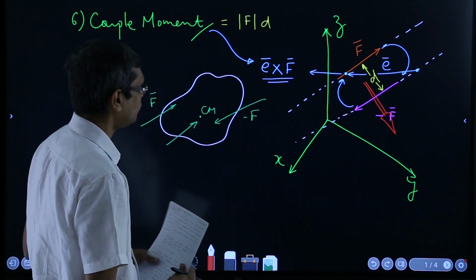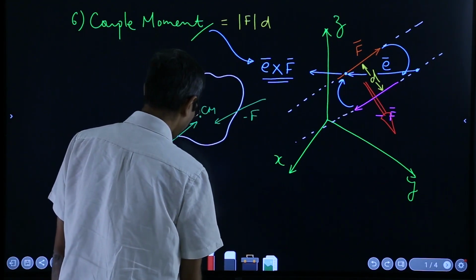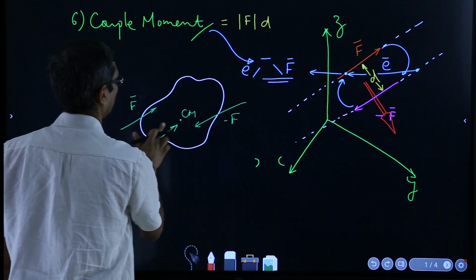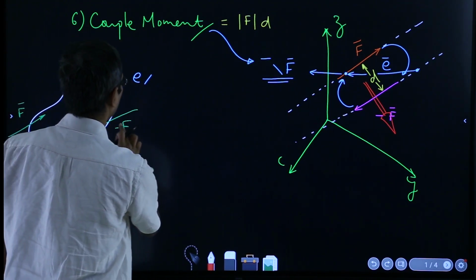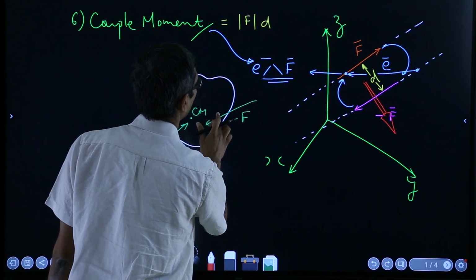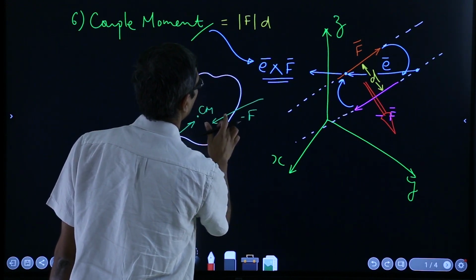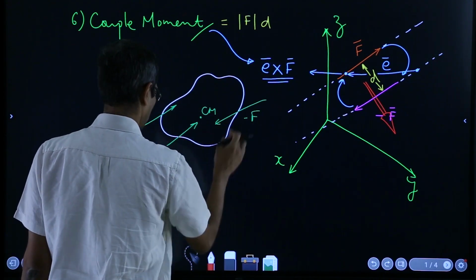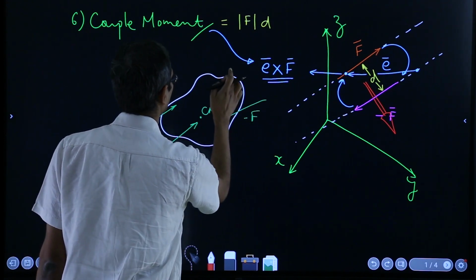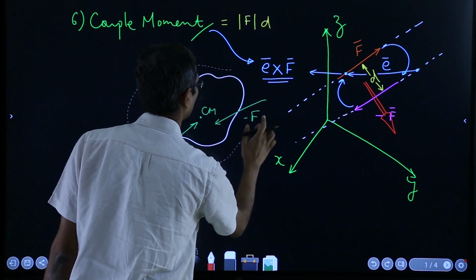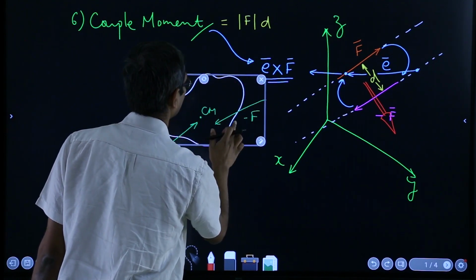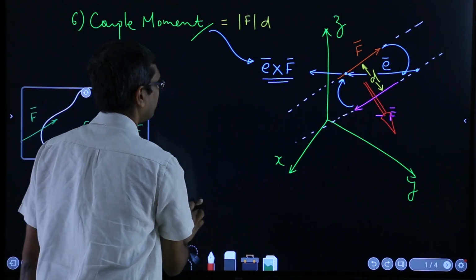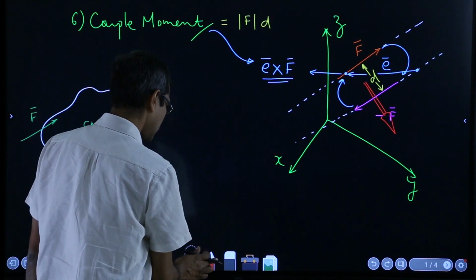Now, how do you prove it? To prove that, can I do something like this? I should have chosen a smaller thing. I need some space, so I have just moved it. Okay. Now, let's see what we can do.